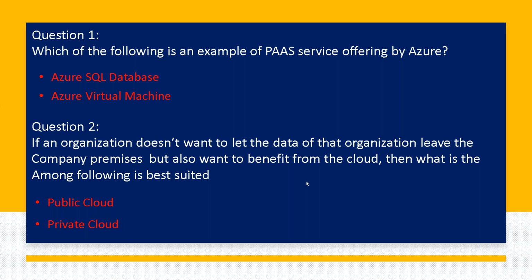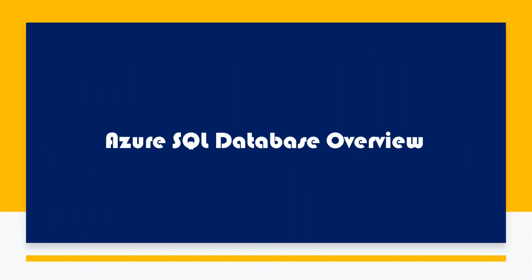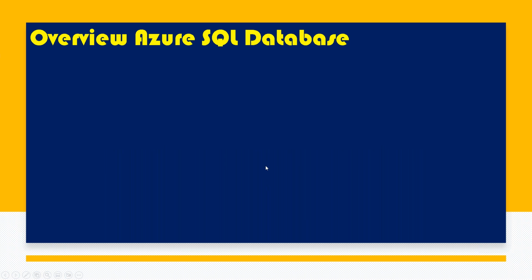Fine. Let's see the Azure SQL Database overview. What is Azure SQL Database? This is our database, just like how we use it on-premises. In the on-premises database, you use SQL Server: you install SQL Server on your system and start using it. The same database is available in our cloud environment also, as one of the resources.